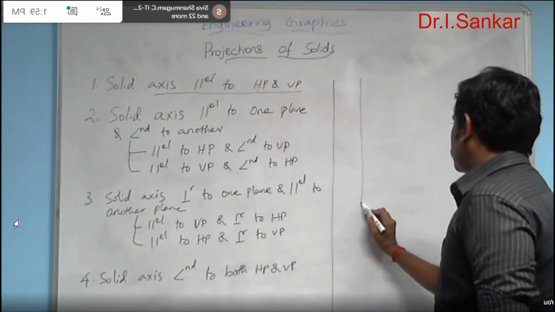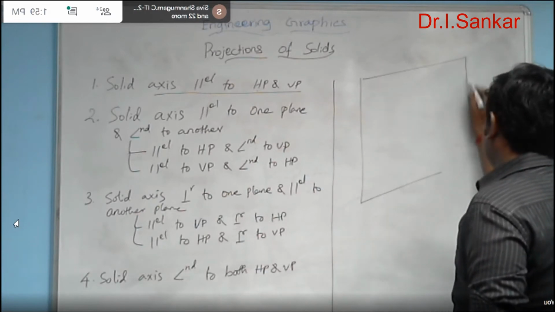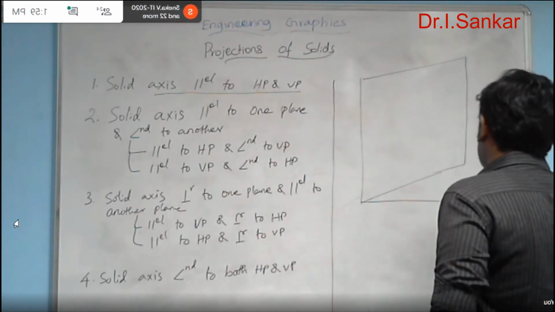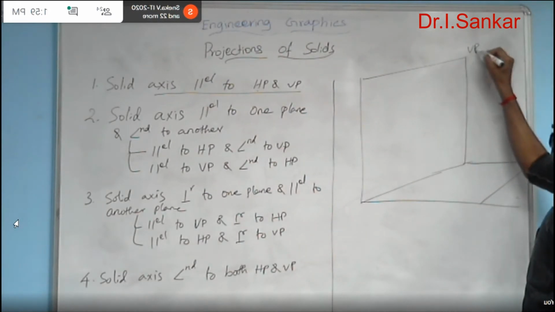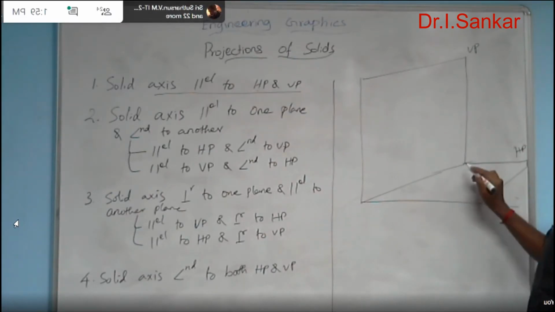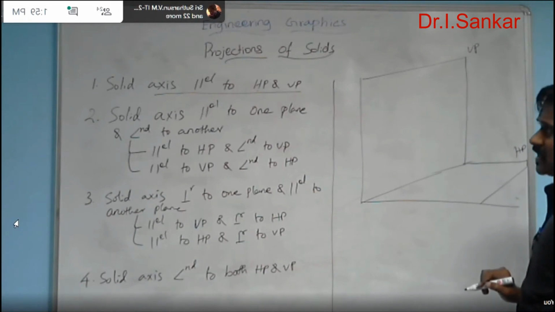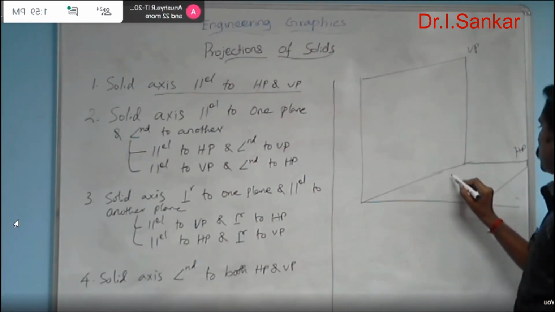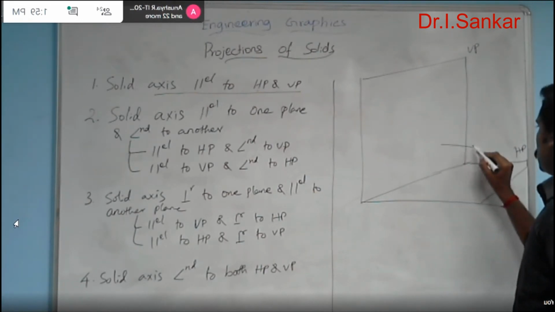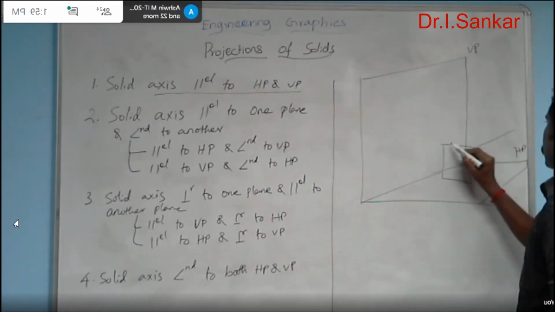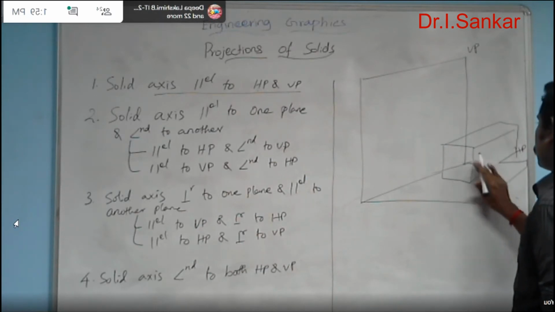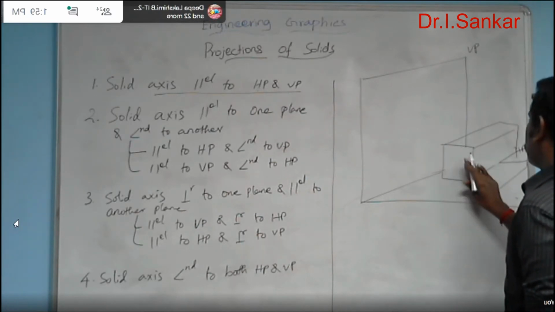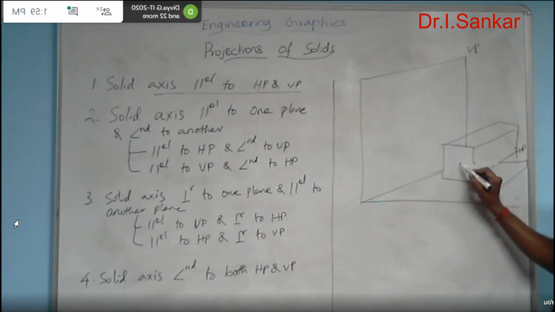So how will a solid look in the first case? Just a graphical example. See here, this is your VP and HP. If a solid needs to be placed with its axis parallel to both HP and VP, how does it look? In that way this will look. See here, this is nothing but your solid.